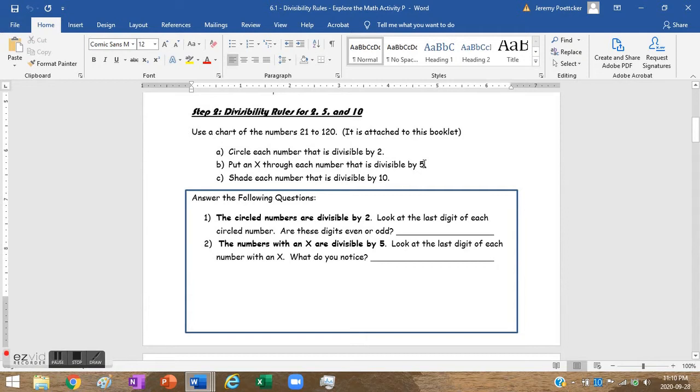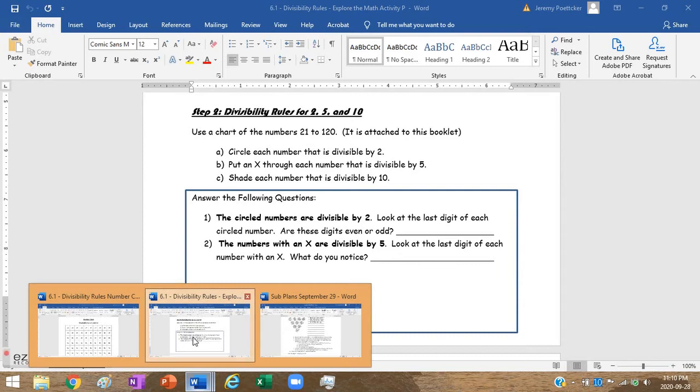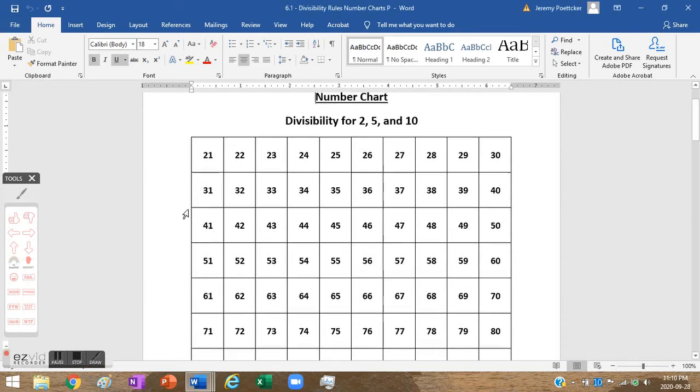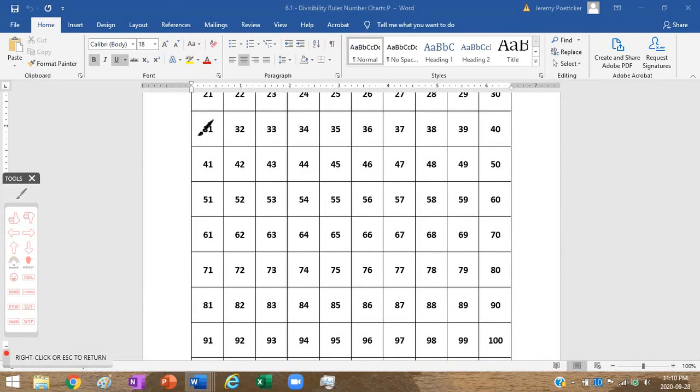Circle each number divisible by 2, put an X through the ones divisible by 5, and shade the ones divisible by 10. I can show you on a few of these. We're going to circle the ones divisible by 2. Take a look here. This is divisible by 2. You should notice something about these pretty quickly. X through the ones divisible by 5.